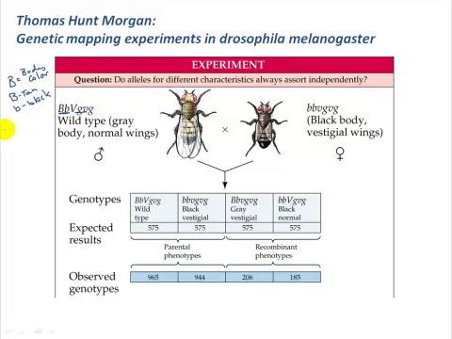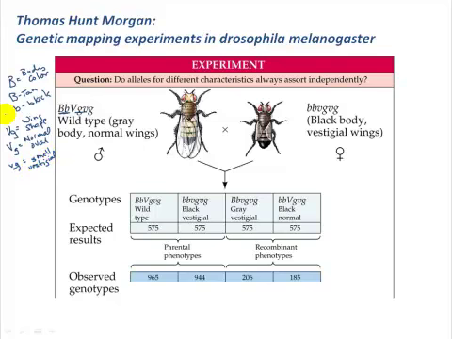And then the second gene that we're looking at here is the VG gene, which is associated with wing shape. And so the dominant allele, capital VG, is normal, oval wing shape, and the lowercase vg recessive allele is vestigial, so very small vestigial wings that don't function for flight.